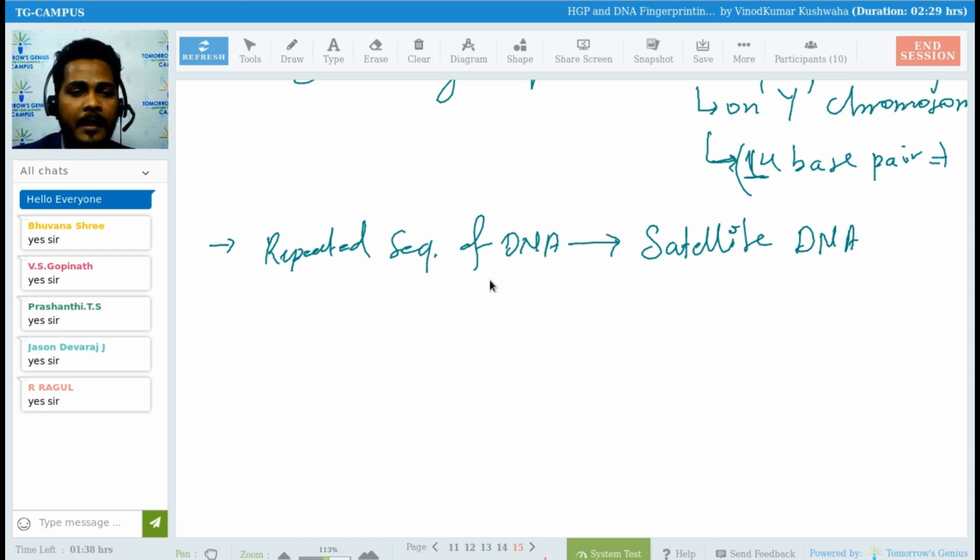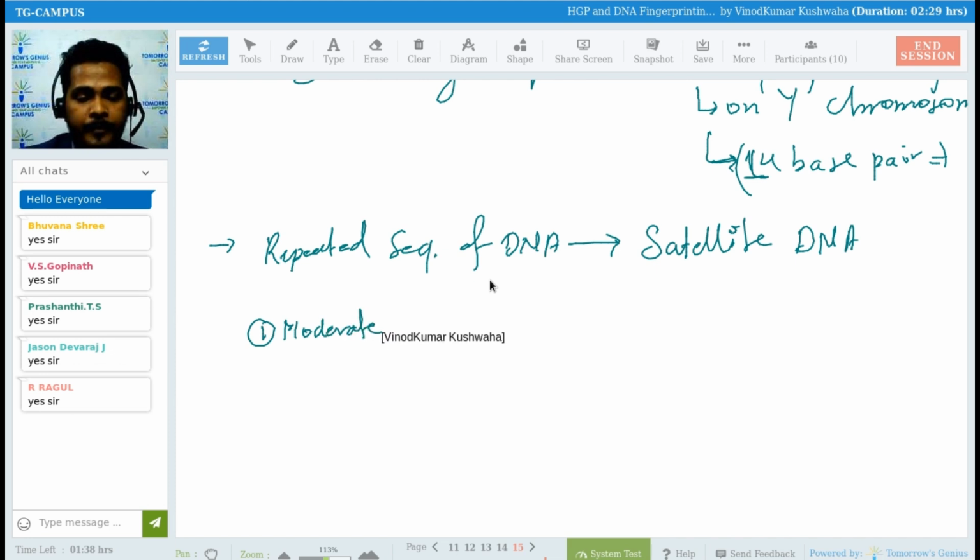Now this satellite DNA is of various types, but we will see the major ones. The first one is called the moderate repetitive sequence.